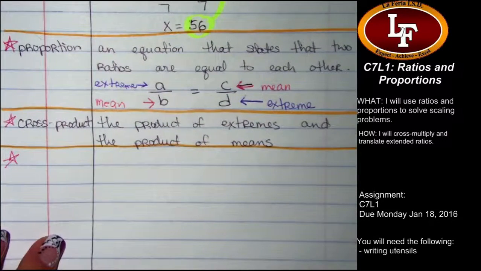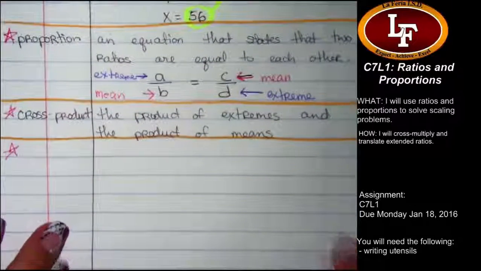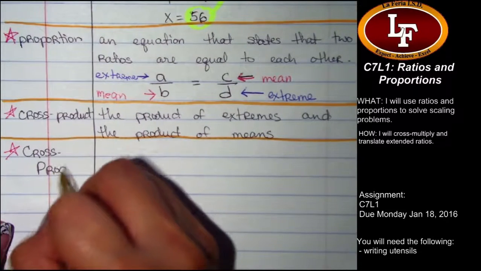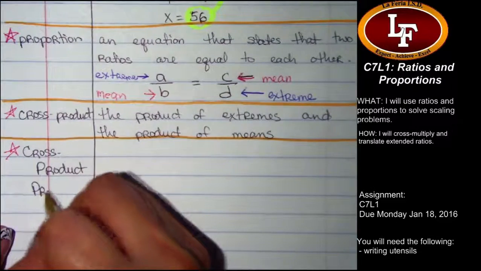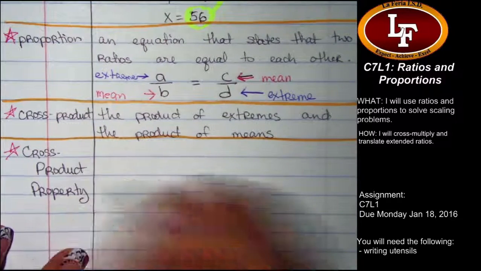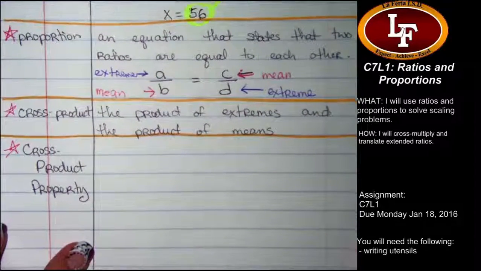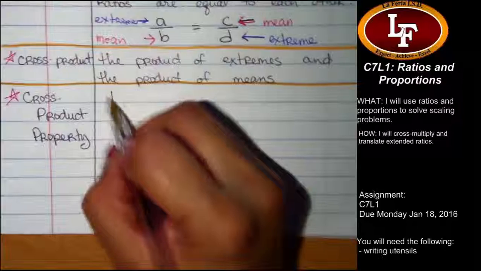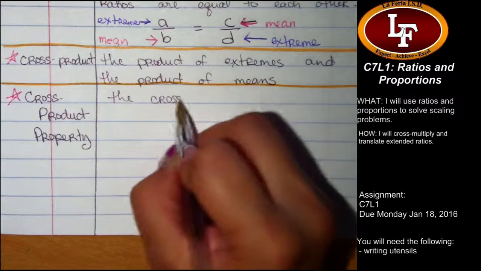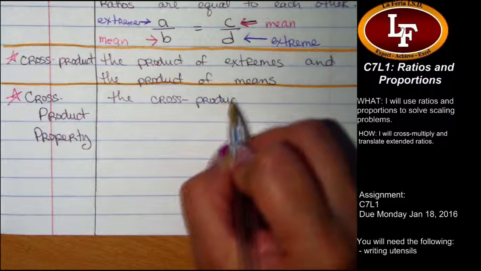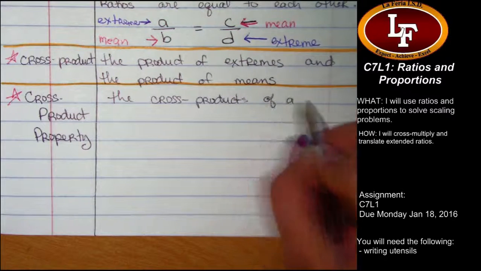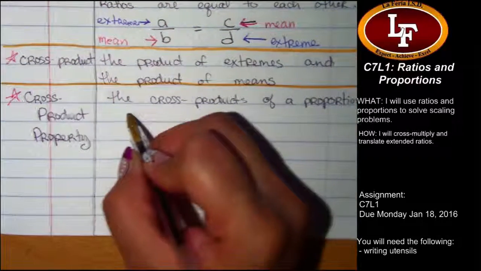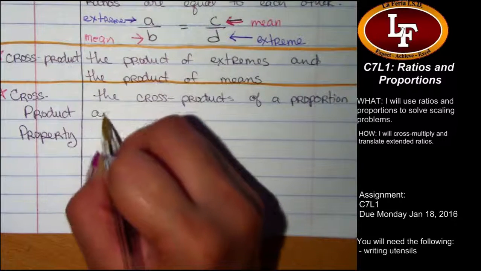This definition sets us up for the very last item. The very last item is a property that is called the cross product property. The cross product property says this. The cross products of a proportion are equal.